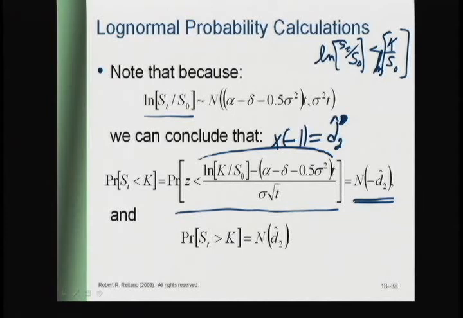Using exactly the same derivation, we would find that the probability that S is bigger than K, and again, in both cases, we should for definitional purposes perhaps put an equals, but we have continuous distributions here, is N of positive D2, again with a hat because we're using alpha.